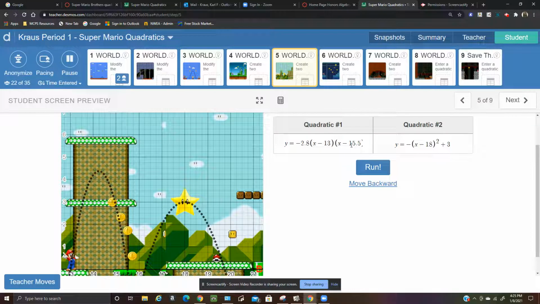So negative, and then the vertex here is 14.5 and 3.